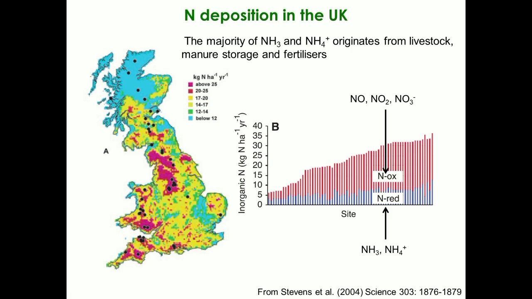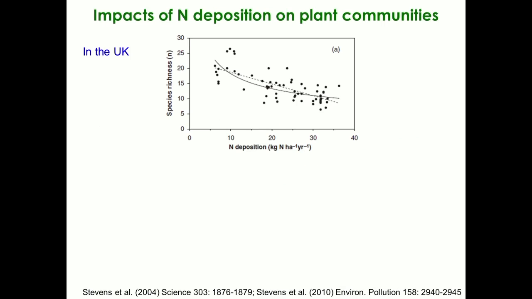And this air-deposited nitrogen, it's a particular concern for human health. It can be quite chronic. It's quite a chronic pollutant for human health, but it's also particularly damaging to plant communities. So this is one set of data from across the UK, clearly showing that as the amount of atmospheric nitrogen pollution increases, the species richness of plant communities also significantly decreases.